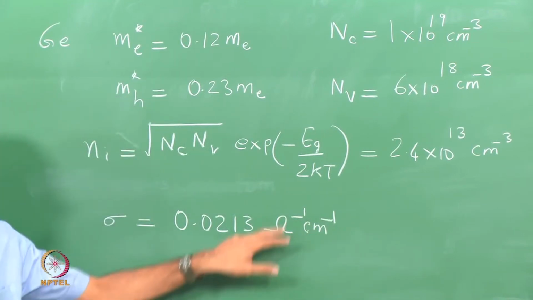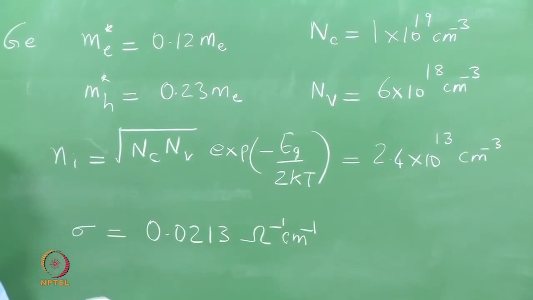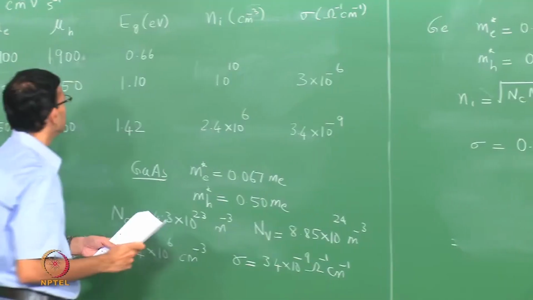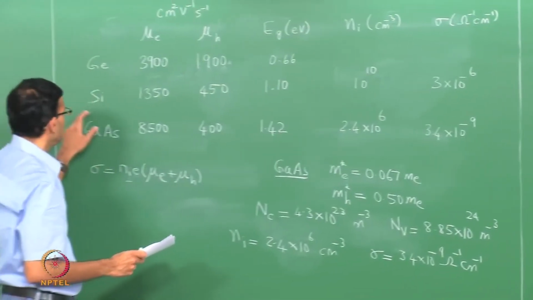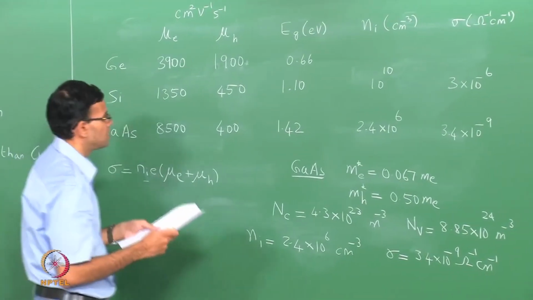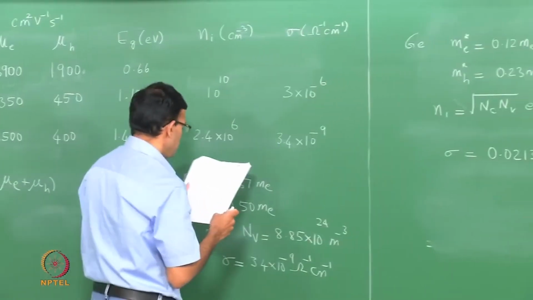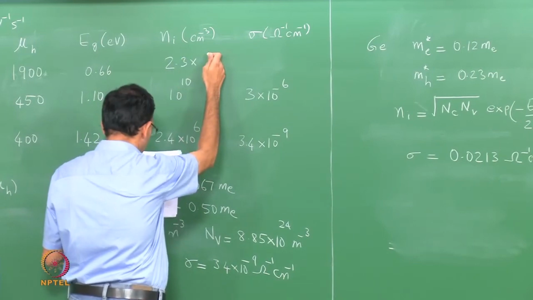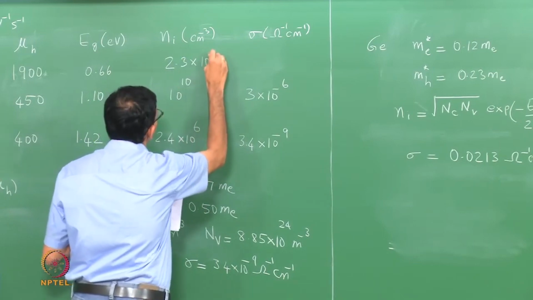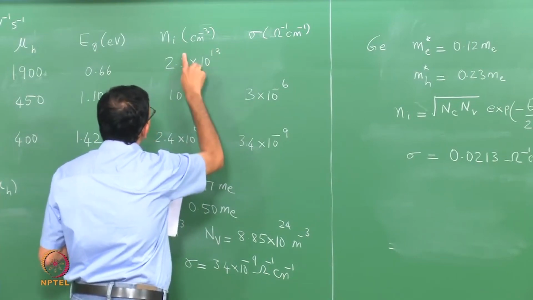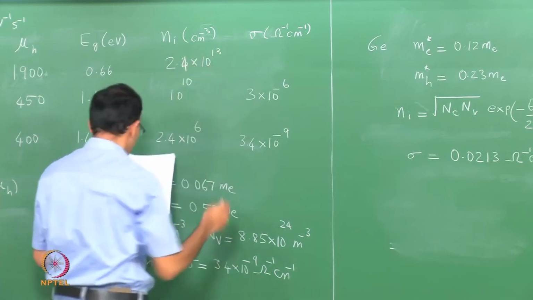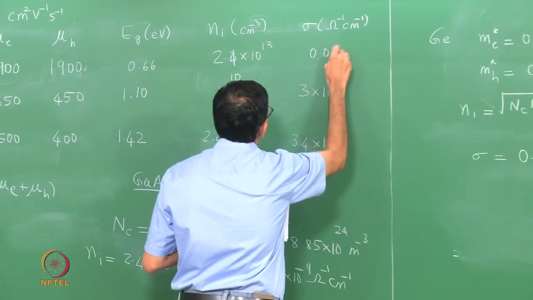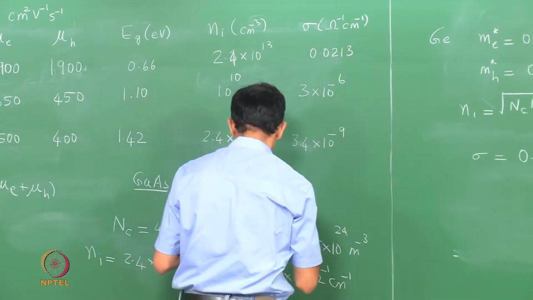We can now fill in this information back in the table which we started. So, let me go to the table and fill in the values for germanium. We already did for silicon and gallium arsenide. So, in case of germanium, your carrier concentration is 2.3 times 10 to the 13, 2.4 times 10 to the 13, and the conductivity 0.0213.